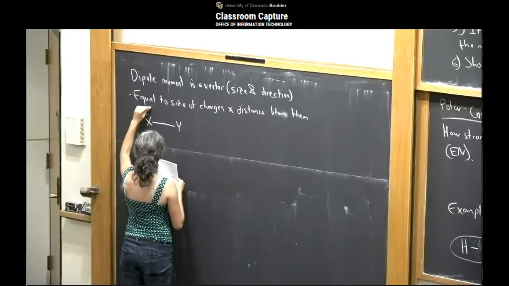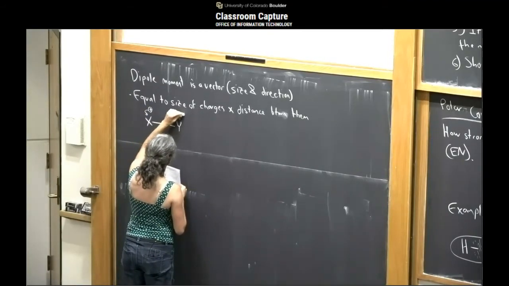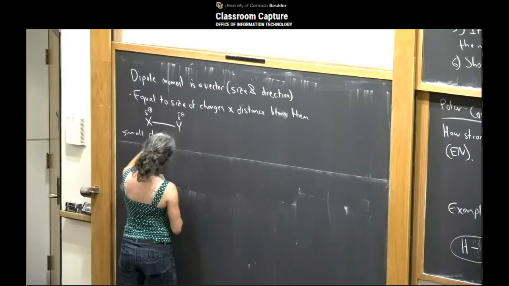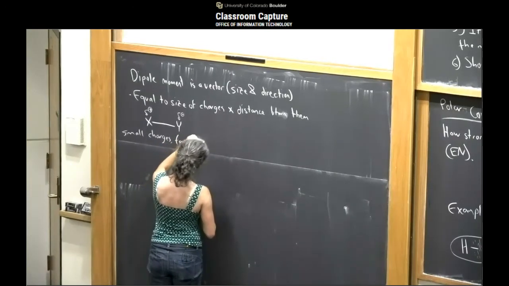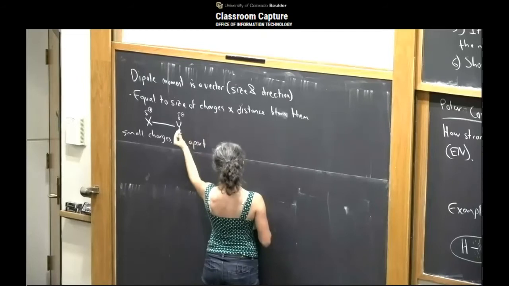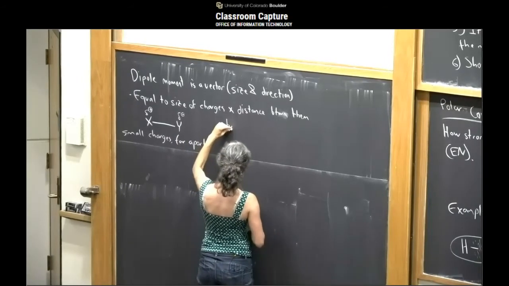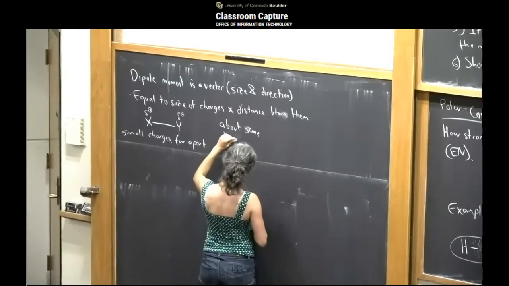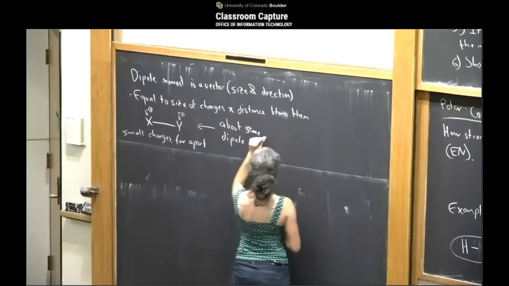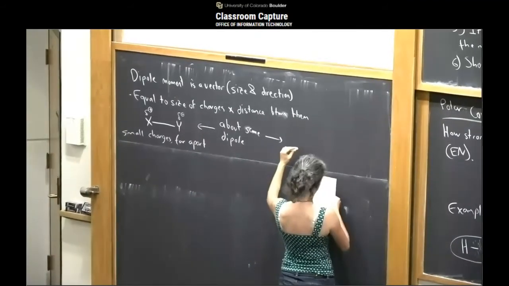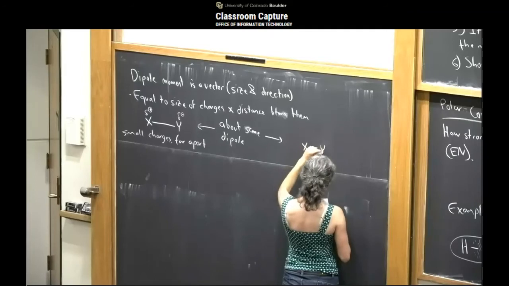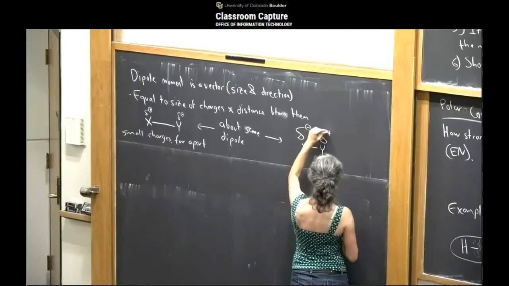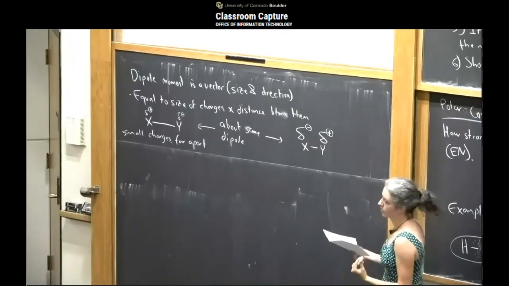So if we have little delta plus and delta minus here, so small charges far apart, that might have about the same dipole as something where you've got two atoms with much bigger charges. So big delta minus, big delta plus, but they're close together.